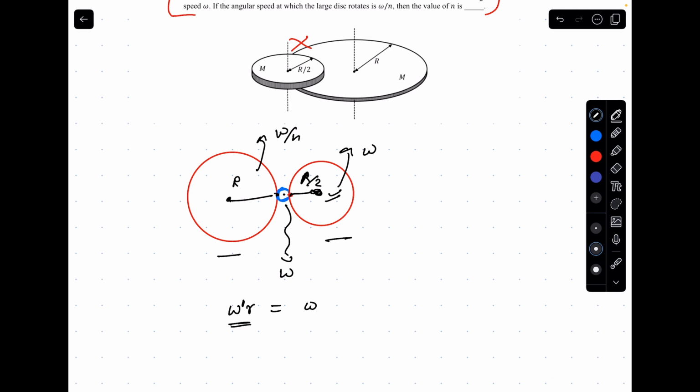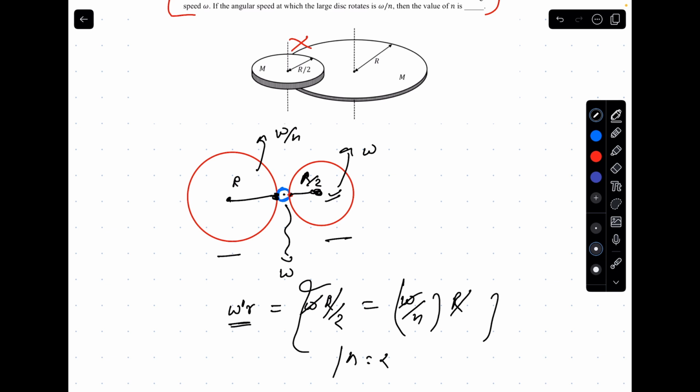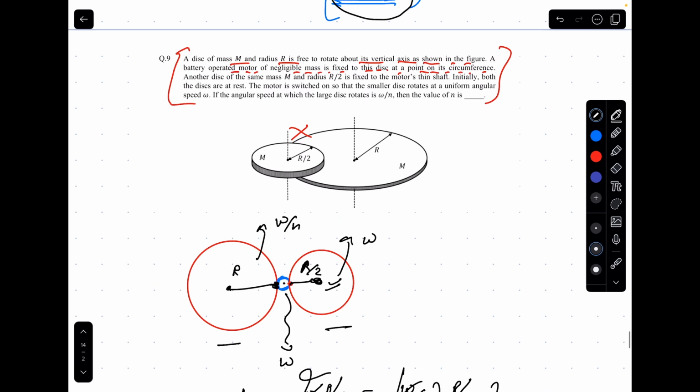Let's call it omega dash, so omega dash multiplied by r by 2, and this should also be equal to the velocity at this point, which is omega by n multiplied by r. If I equate these two values, r cancels out and omega cancels out, so n is 2. So n is equal to 2.